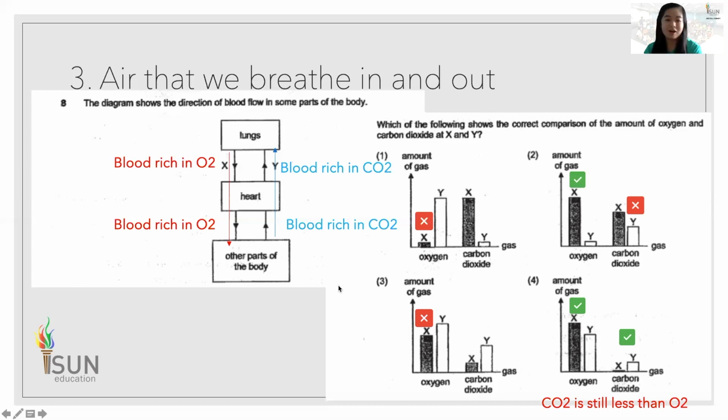Okay, congratulations if your answer is number 4. You got it correct. Okay, well, this is a common mistake. About 70% of the students actually chose answer 2, which is wrong.